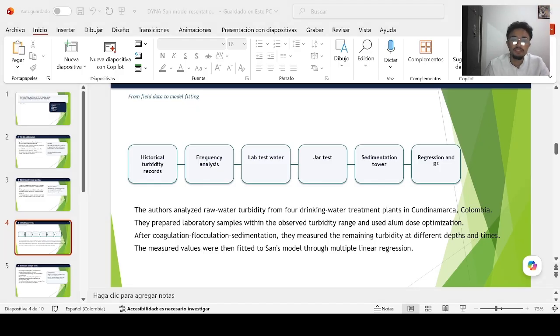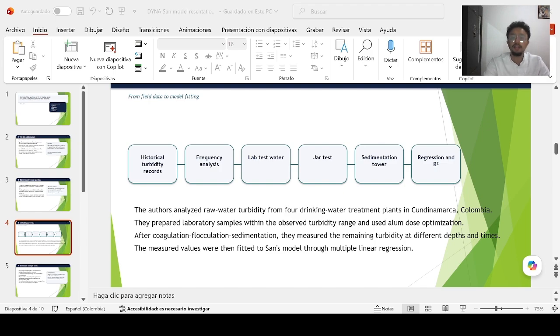Now we pass to the methodology. First, the authors analyzed historical turbidity data from four drinking water treatment plants in Cundinamarca, Colombia. Then they prepared the laboratory test water within the observed range. After that, they used a jar test to identify the optimal alum dose applied to the coagulation, flocculation, sedimentation process and measured the remaining turbidity at different depths and times.